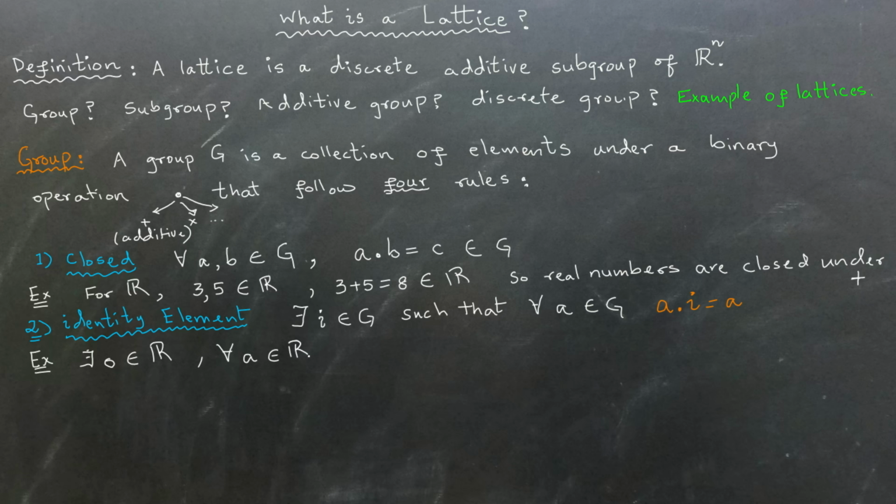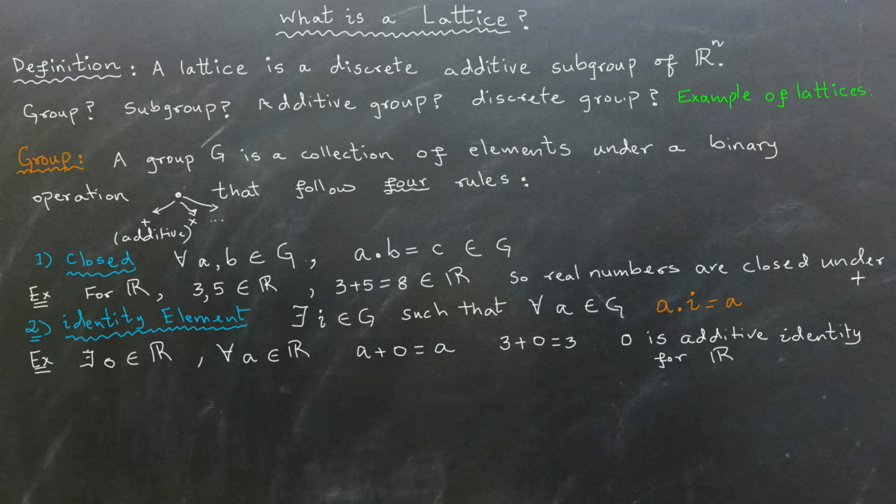It is because if we take any real number such as 3 and add 0, then our result remains unchanged 3. So 0 is the identity element for real numbers under addition.